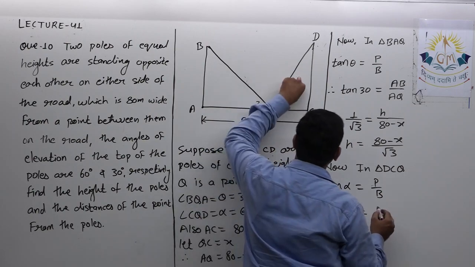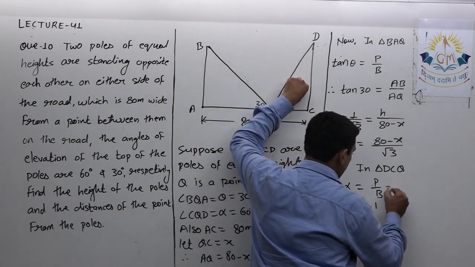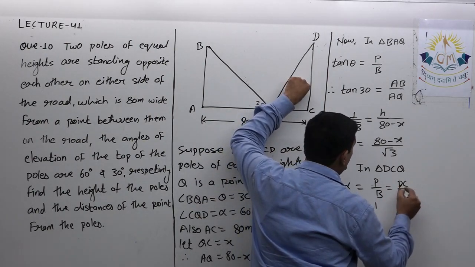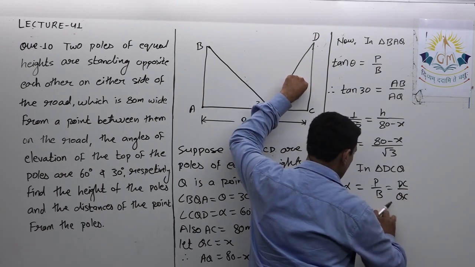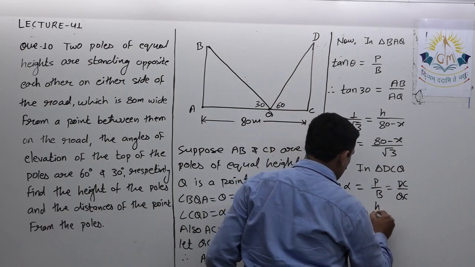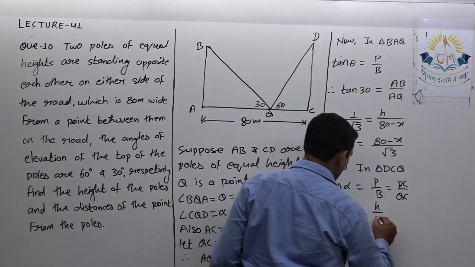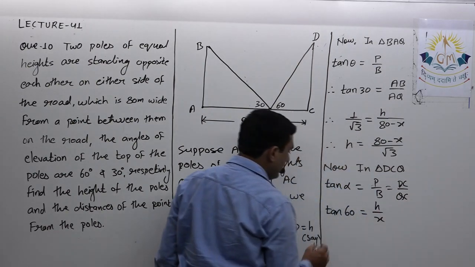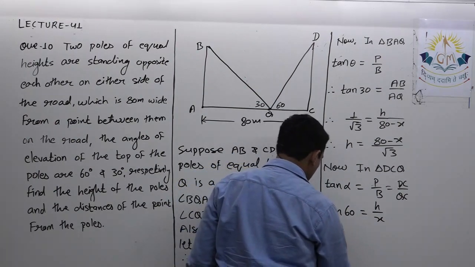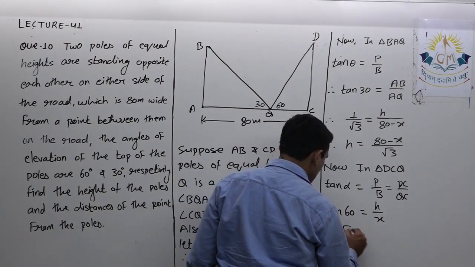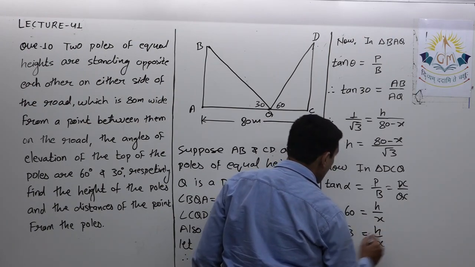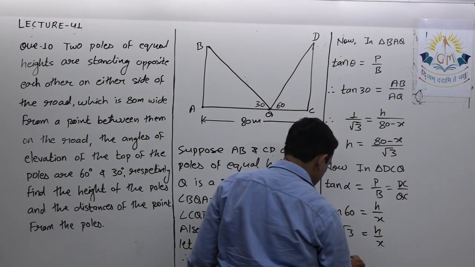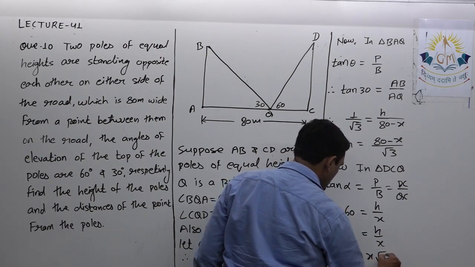The perpendicular is DC and the base is QC. Now DC is H and QC is X. Tan 60 is root 3, therefore root 3 is equal to H upon X, or I can say H is equal to X root 3.